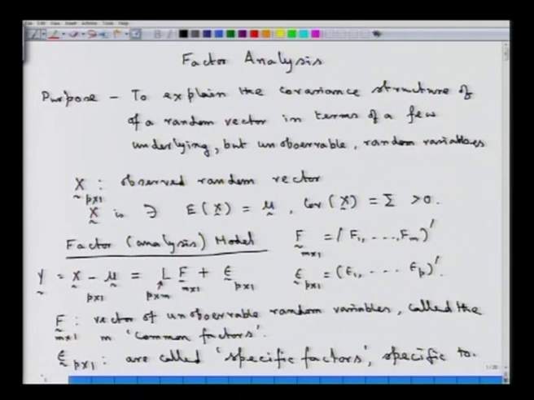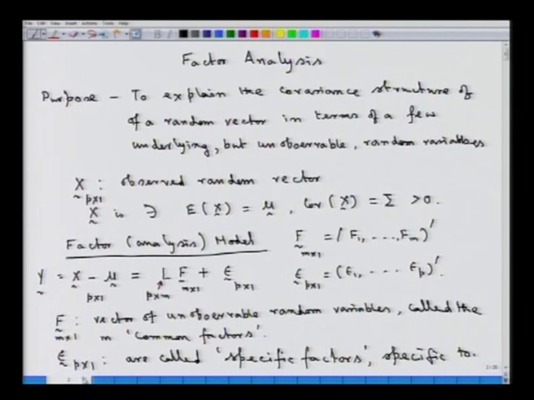And if we look at this factor analysis model, although it looks like the multiple linear regression model, there is a huge difference between the two models. Here we have f to be the vector of random variables which are unobservable.